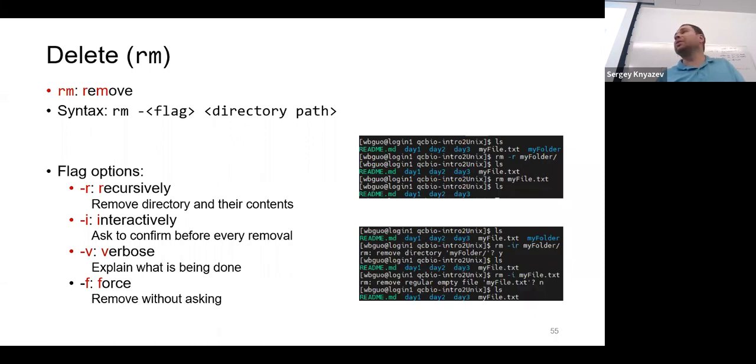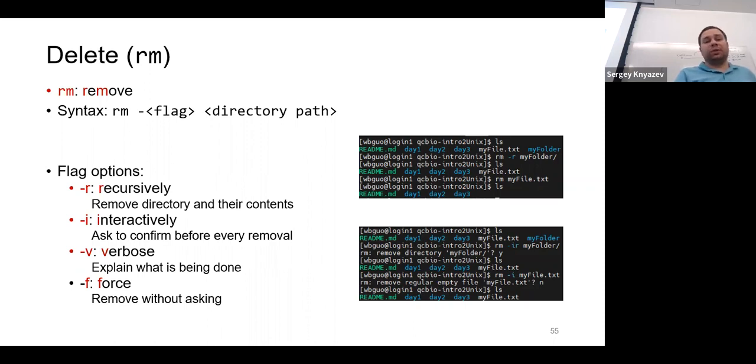If your directory is not empty and has some directories or files inside it, it is going to raise an error that the directory is not empty. To remove the directory and all its content, you need to put the option -r.